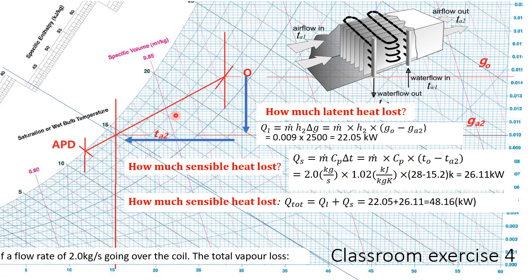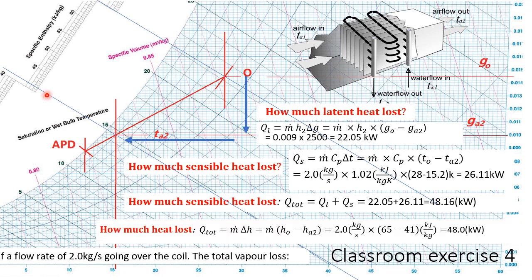Now, let's see how the psychrometric chart can help us to do the calculation for the total energy lost, heat lost. Okay, so if we draw the diagonal lines to cross this off coil, and the other cross the O, this reading is 65 kilojoule per kilogram, and after the coil, it's only 41 kilojoule per kilogram, right?